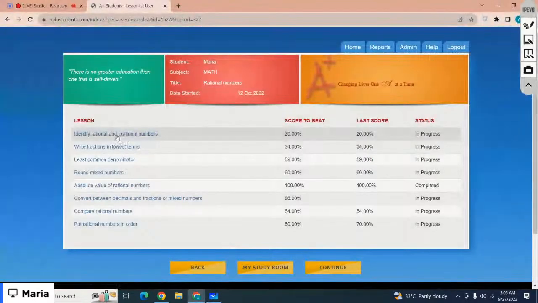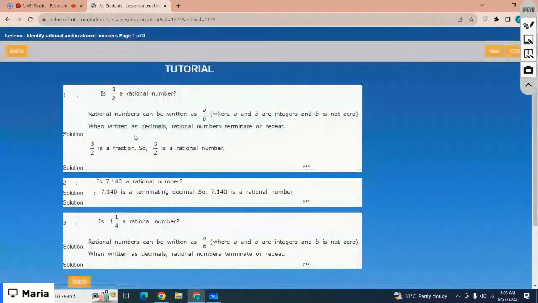So let's just start with the first one, identify rational and irrational numbers. Let's just do the practice questions. Is 3 by 2 a rational number? Yes, it is. That is already written in the form P by Q, so that is a rational number. Then is 7.140 a rational number?